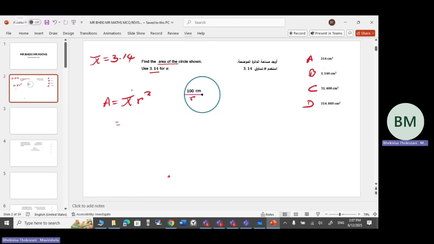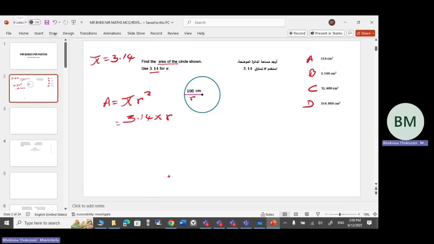So now I'm going to substitute everything in this formula. For my pi, I'm going to write 3.14. You can write a multiplication sign if you want, or you can write brackets, up to you, multiplied by r squared.